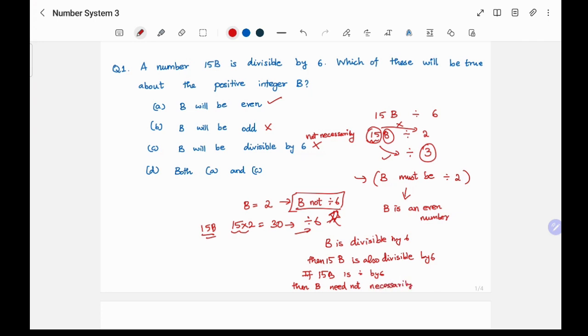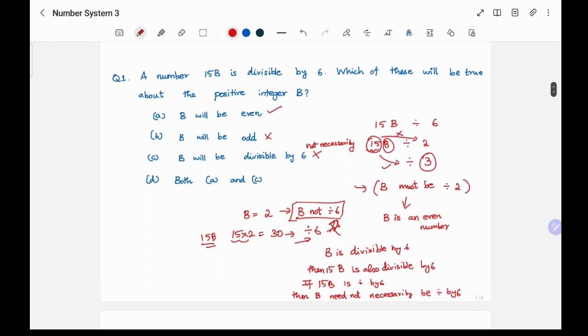Necessary means always. So not necessary means not always. So D option is both A and C, which is again wrong. So the correct answer is option A.